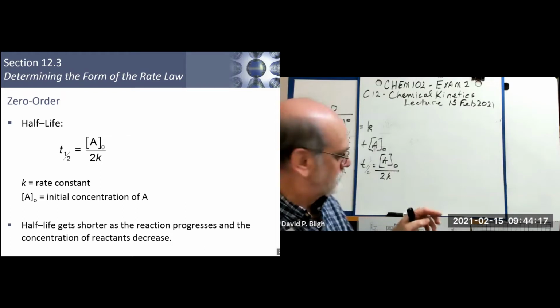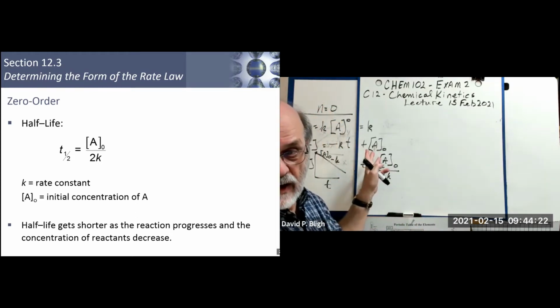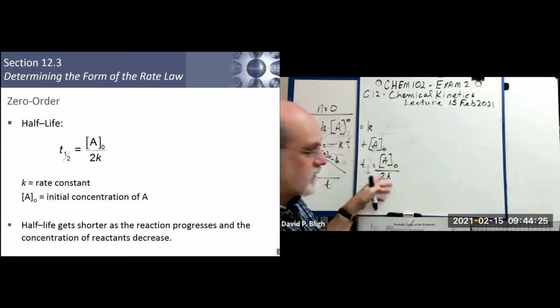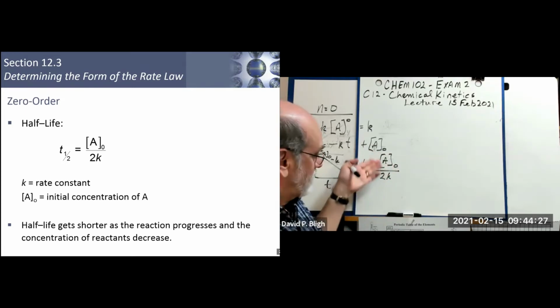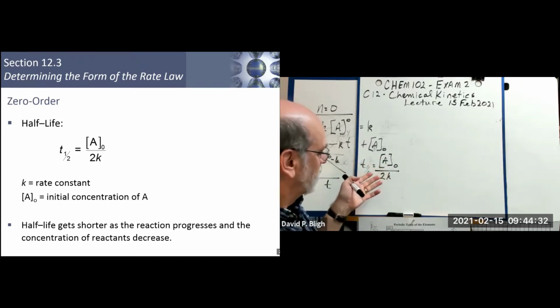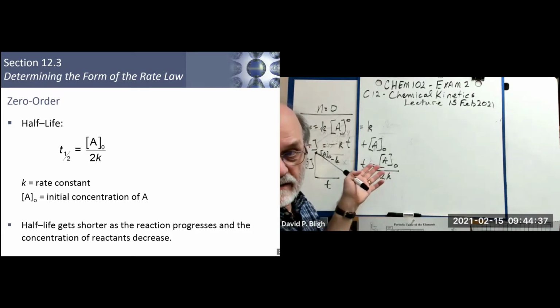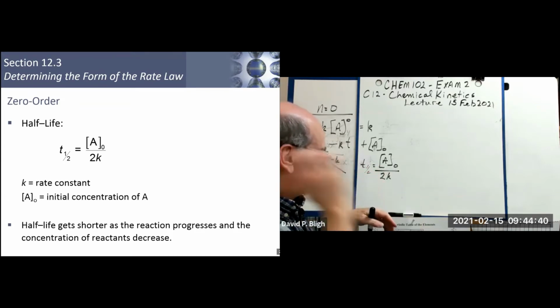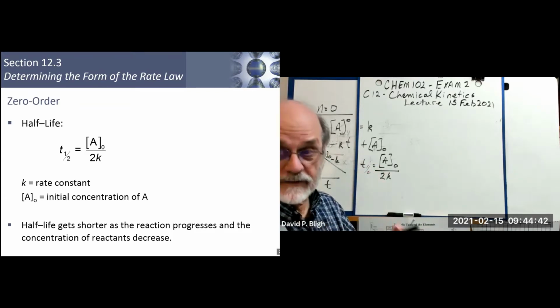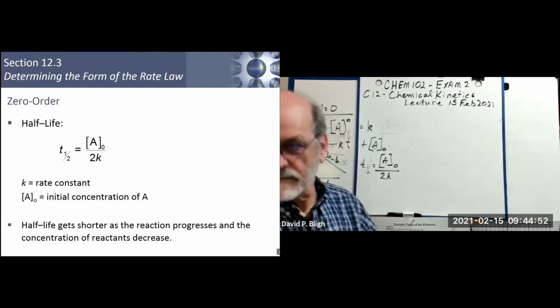So if you start at 2 molarity, you'll get the reciprocal of 1 over K. If you start at 1, it'll be the reciprocal of 2 times K. So the half-life does depend upon the concentration. It also depends on the K, the inverse of the K, actually. Okay, so what's next? First order, right?